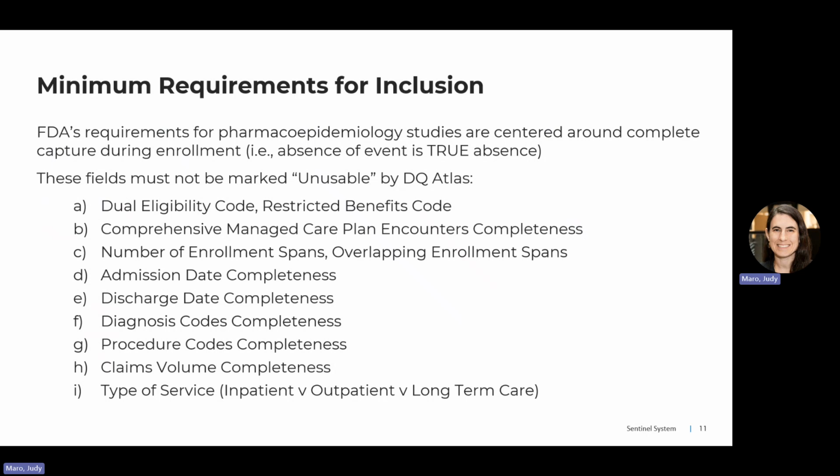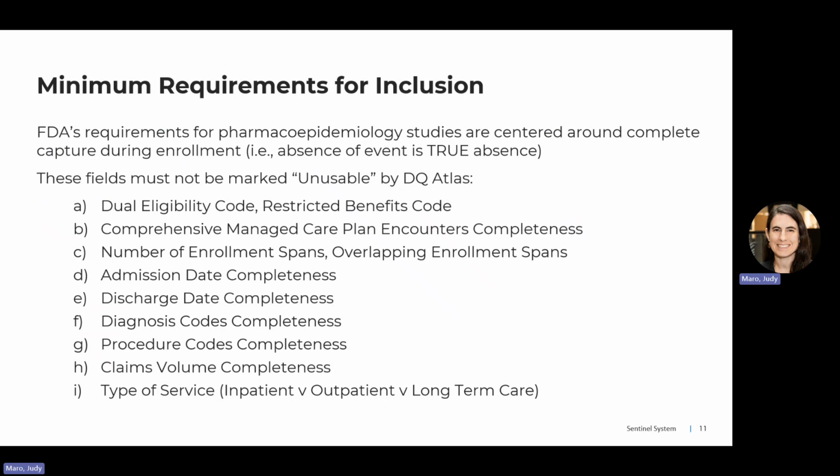What does that really mean? It means that when looking at longitudinal data for any given patient, if we do not see an event there, we want to be assured that the absence of that event is truly an absence and isn't just missing. So we want to be very reassured that we have complete capture during this period of all medical utilization and any pharmacy that we see.